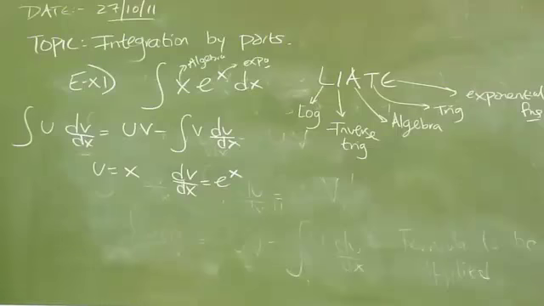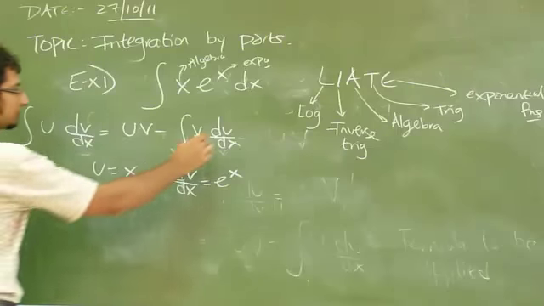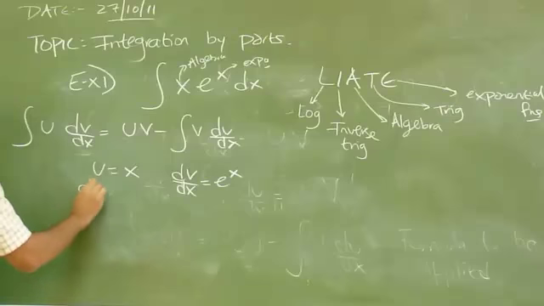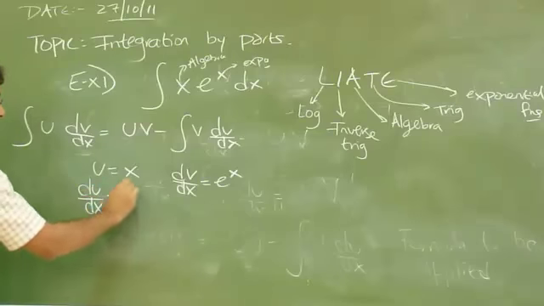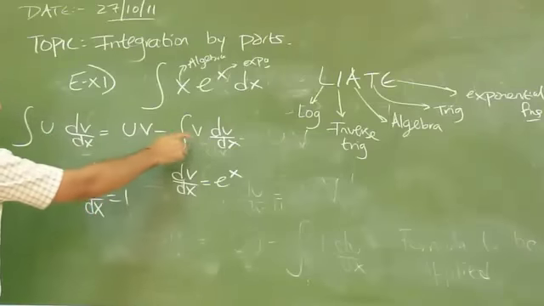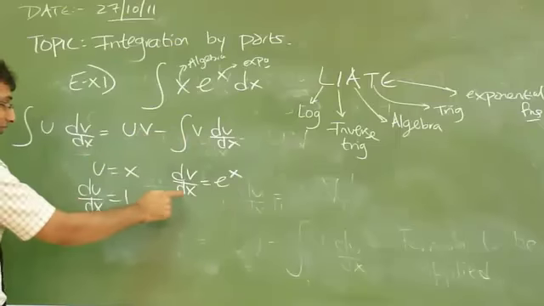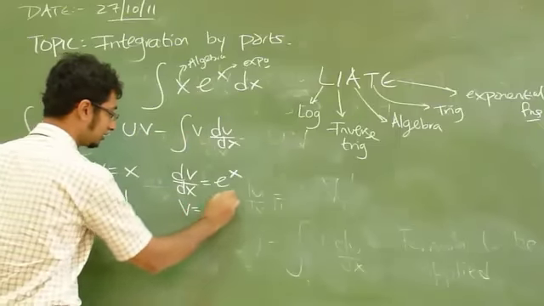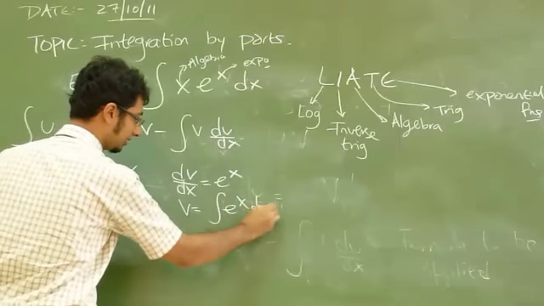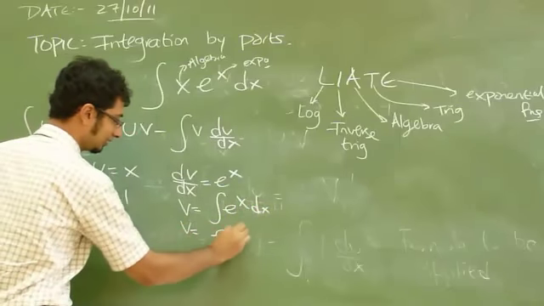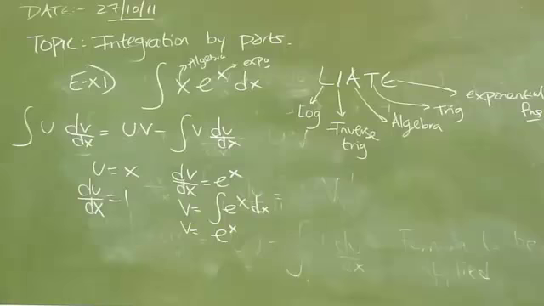Now, in my formula, I've got du/dx, so I just differentiate x. du/dx is 1. In my formula, I've also got v. I've got dv/dx, so to get v, I just integrate e^x. If I integrate e^x, it stays the same. So v is simply e^x. Is that okay?